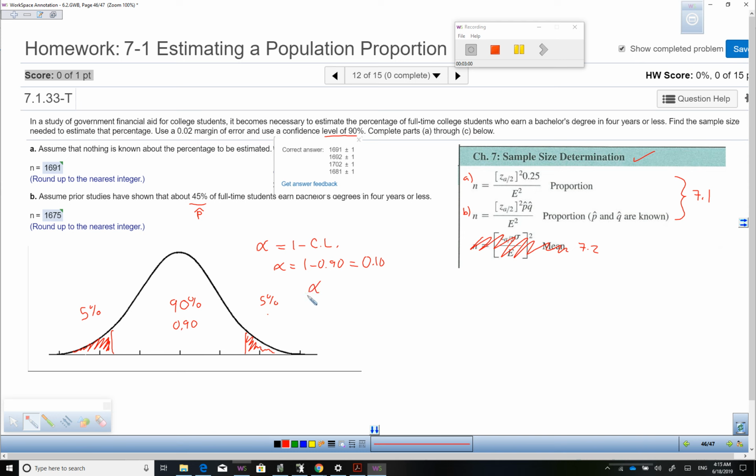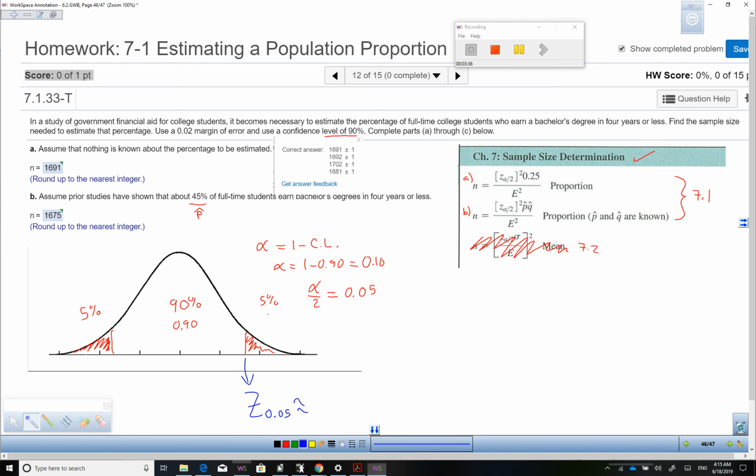So alpha by 2 is 0.05. So to find the critical value right here, that little subscript represents alpha by 2, and you want the z-score that has an area of 0.05 on the right of that score.